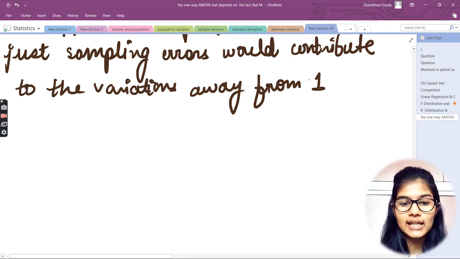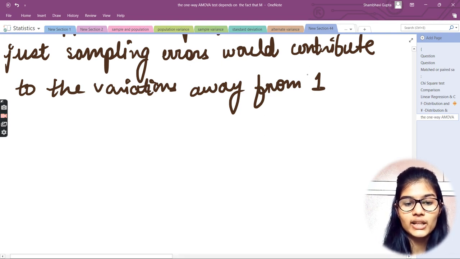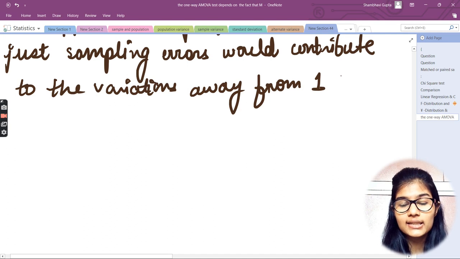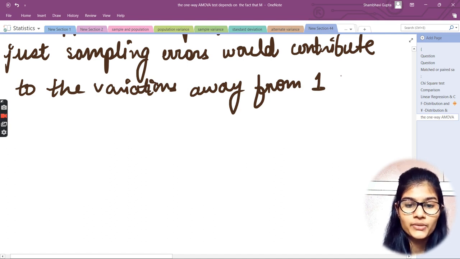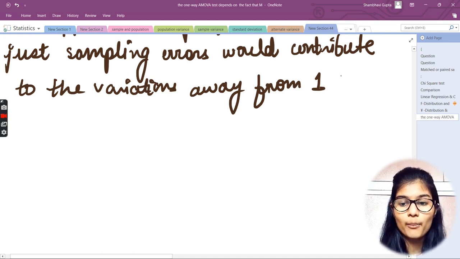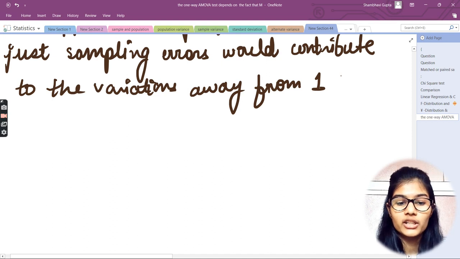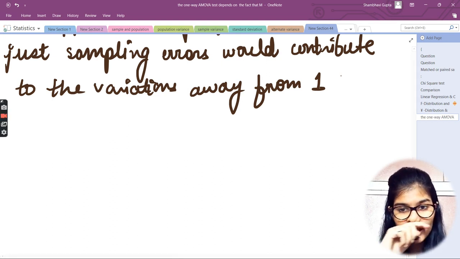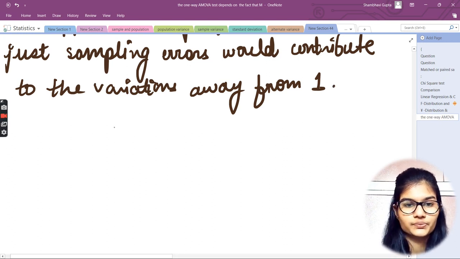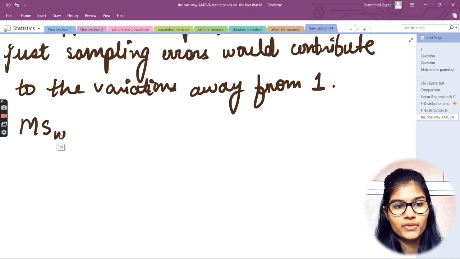Now after that, the MS between consists of the population variance plus a variance that is produced from the differences between the samples. I will repeat it. Let me write that. So we have MS between, right?